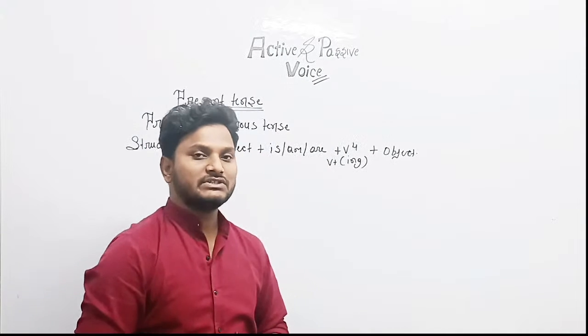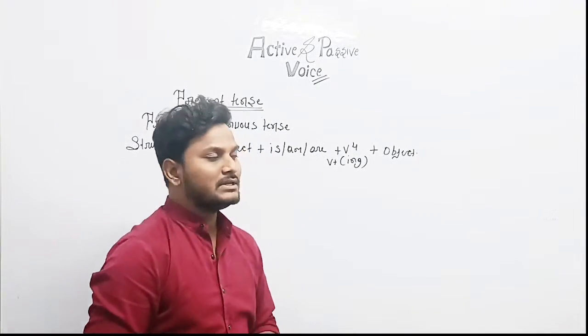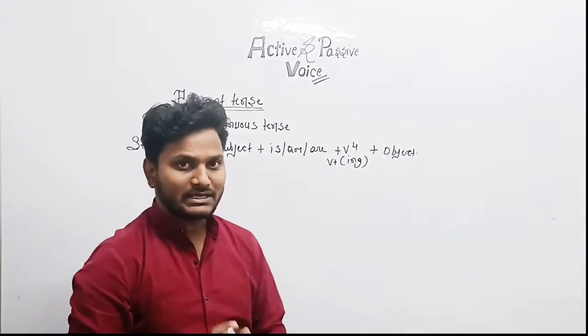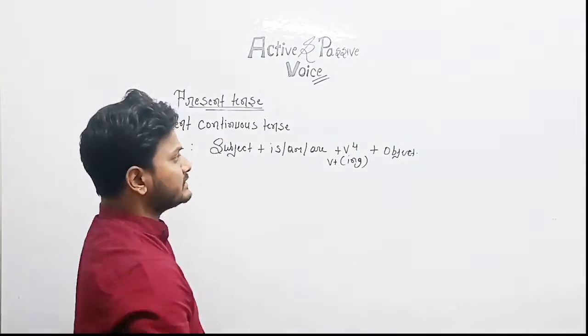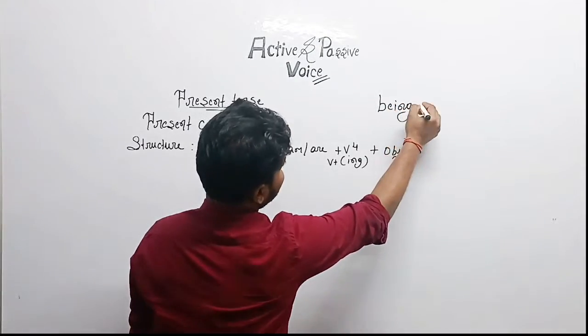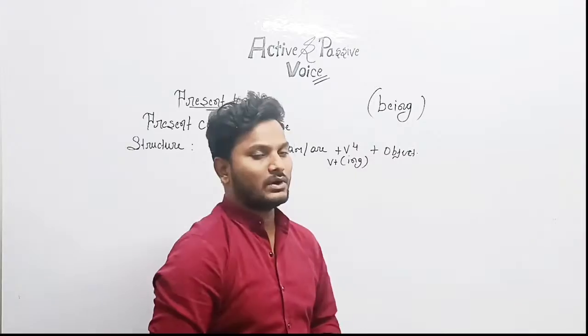I will tell you the reasons later why we cannot convert future continuous tense into passive voice. Whenever we convert present continuous and past continuous tense into passive voice, you have to remember a word: be. Now I will tell you what is the use of this word.